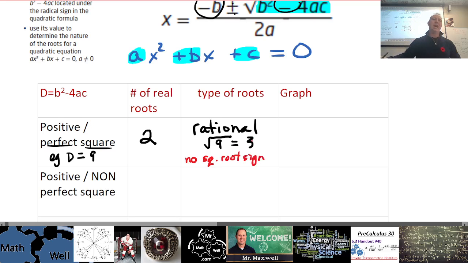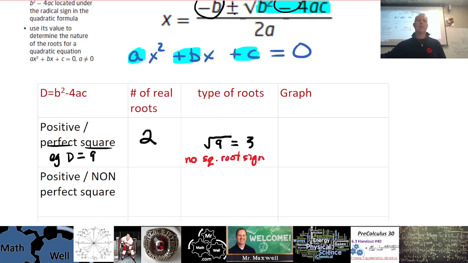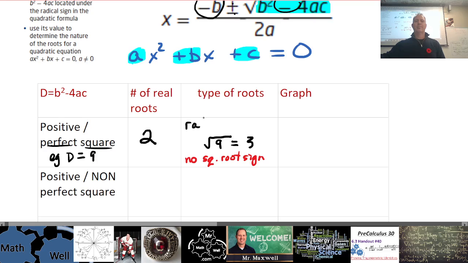Like root 10, that would be a radical. So that's going to be the next type, positive non-perfect square. We'll get to that in a second. Let's finish up the graph here. We're going to have a graph with 2 real roots, something like this.